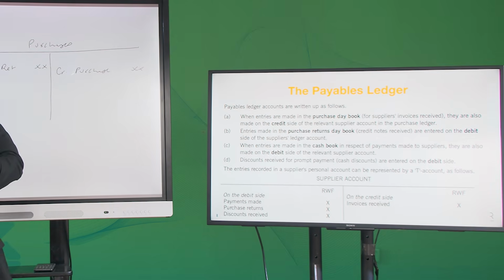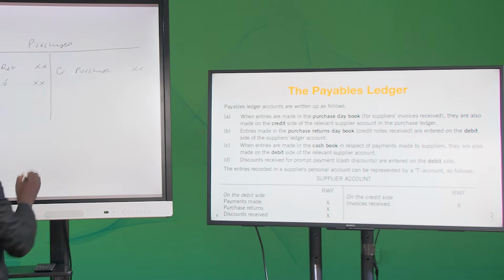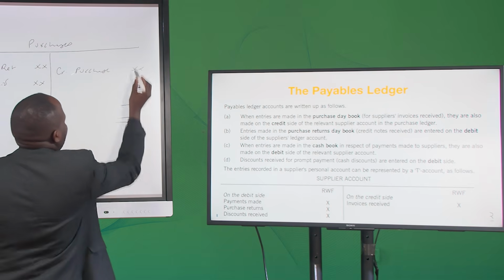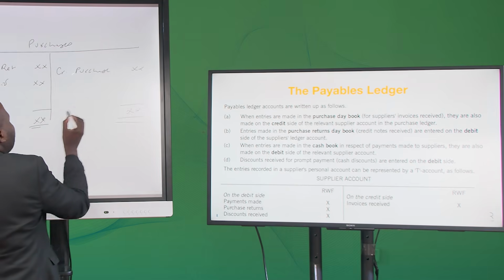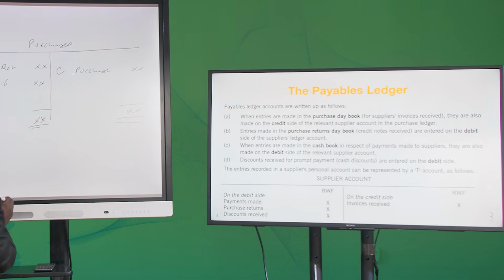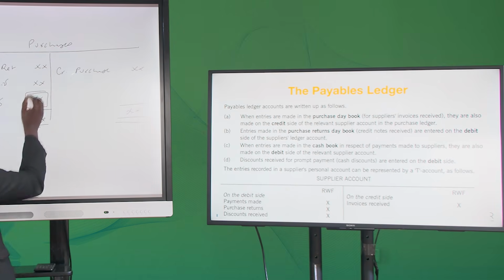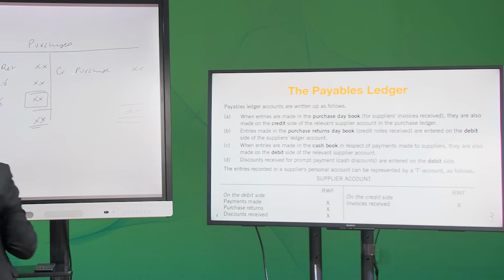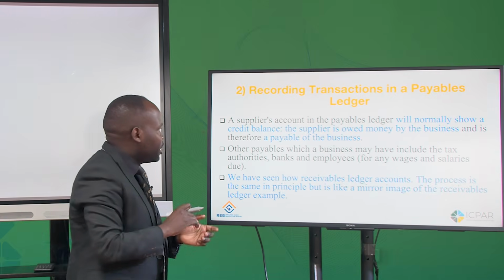If there is cash paid to the suppliers, we post it on the credit. So you'll have to get the total of the debit and the total of the credit. Of course, the total of the credit will be more than the total of the debit. And then you'll have to get the balance carried down at the end of the month to show you what is owed to suppliers.